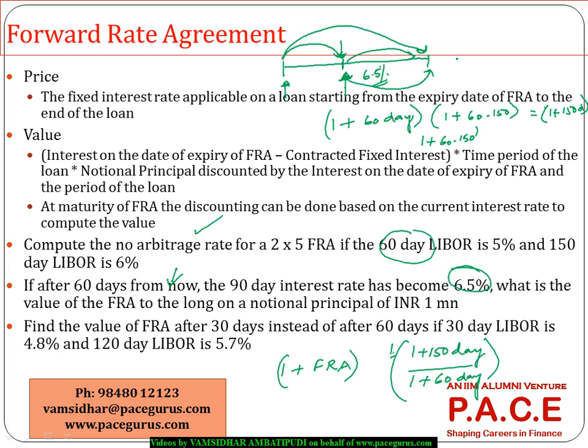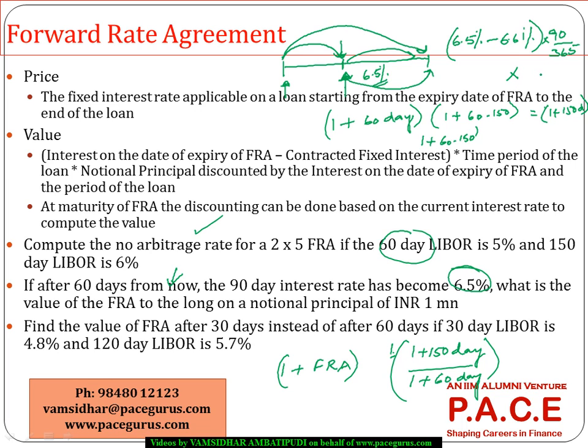So the person who is borrowing is actually at a loss. The long in the case of an FRA is the borrower, because the market rate was only 6.5%, whereas the contracted rate was 6.61%. This difference is for 1 year, but we are talking about 90 days. So this is the difference for 90 days.